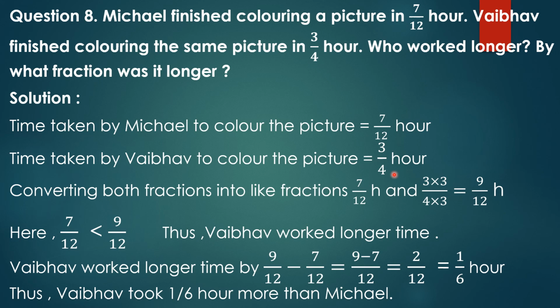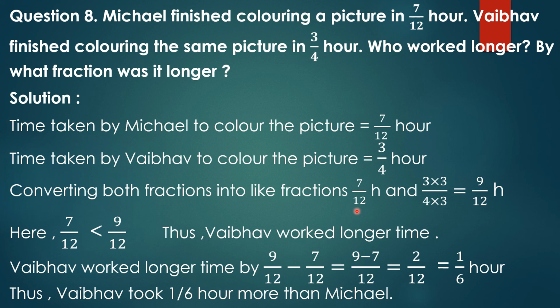It is 12. Here we already have denominator 12, so no need to do the conversion. We can keep 7 by 12 hours as it is, and 3 by 4 will become 3 into 3 divided by 4 into 3, which is equal to 9 by 12 hours. So 3 by 4 is nothing but 9 by 12.